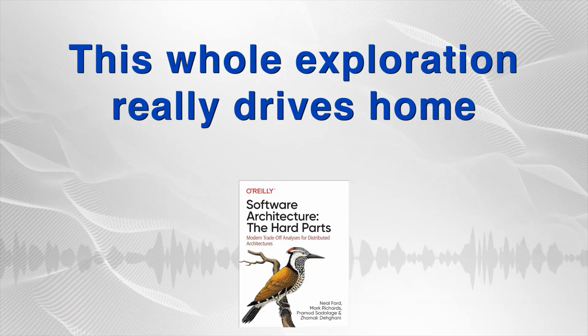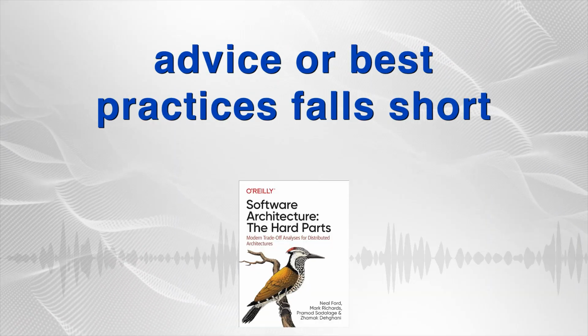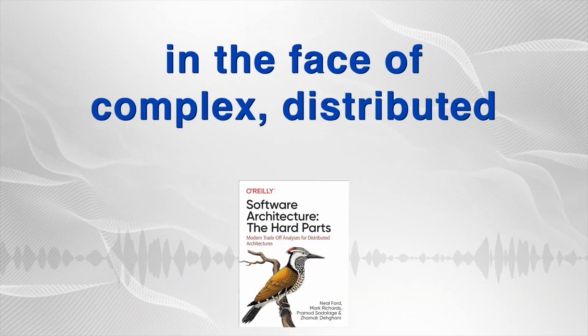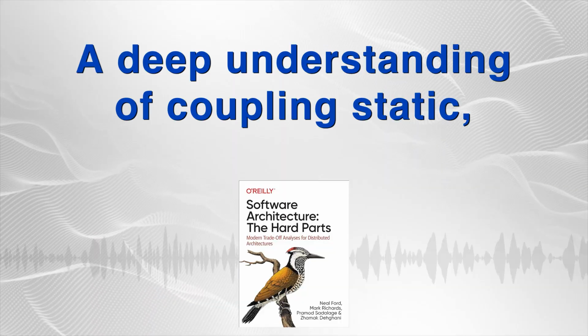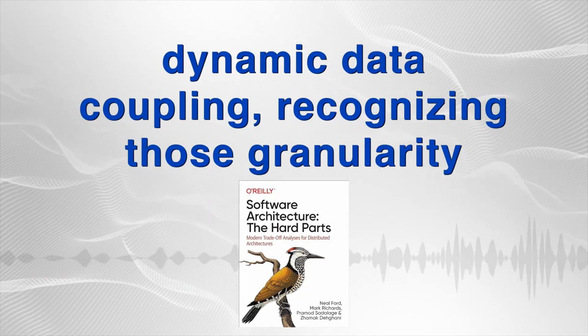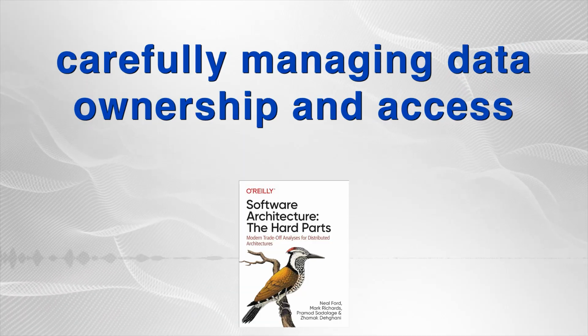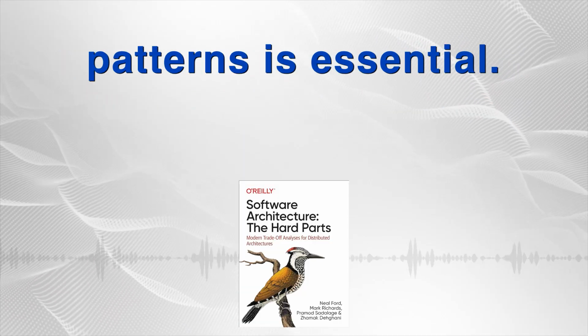This whole exploration really drives home the point that simply following generic advice or best practices falls short in the face of complex distributed systems. Absolutely. A deep understanding of coupling, static, dynamic, data coupling, recognizing those granularity integrators pushing back against decomposition, and carefully managing data ownership and access patterns is essential.